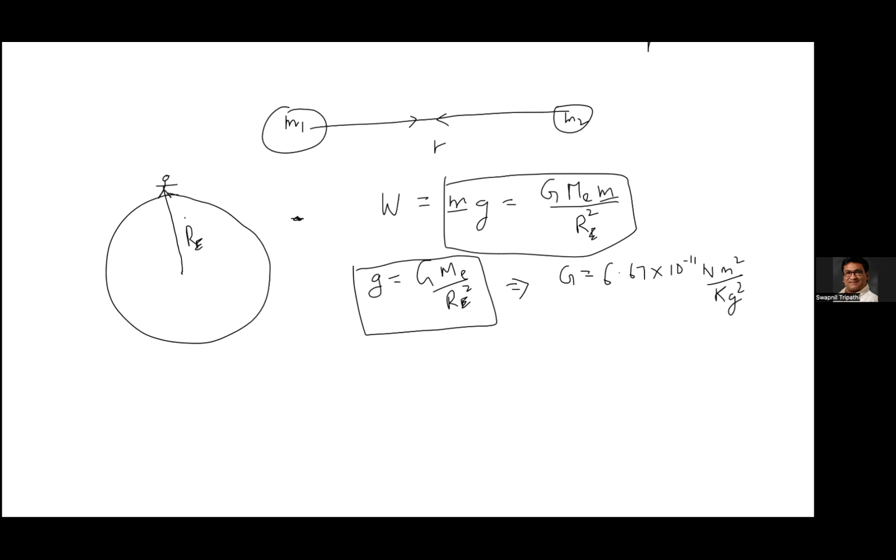For example, if you want to calculate the gravity on the surface of Pluto, then you would do G, mass of Pluto, divided by the radius of Pluto squared. So that is something interesting to think about and to remember.